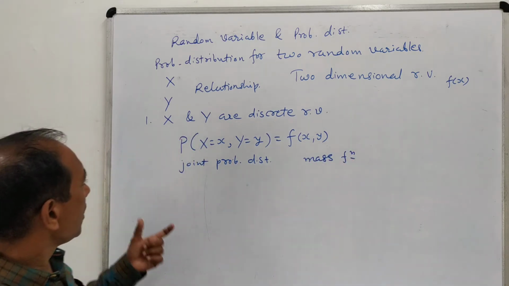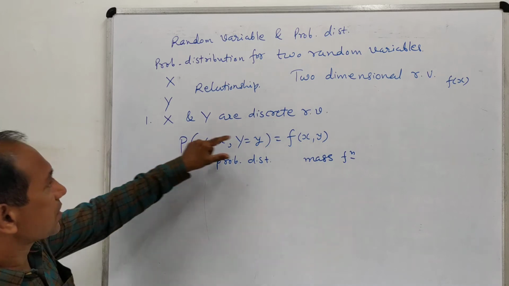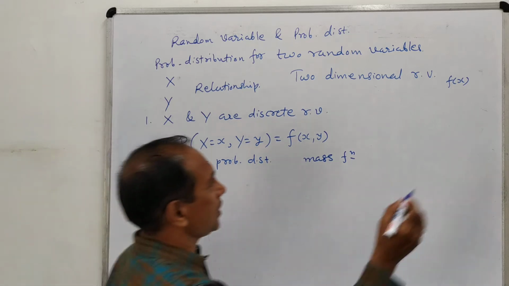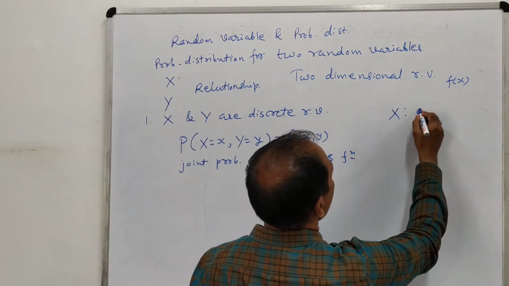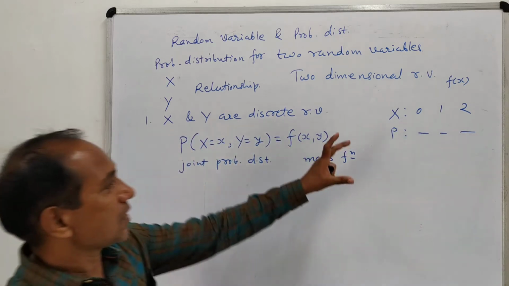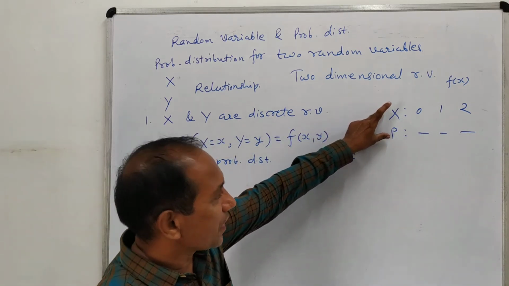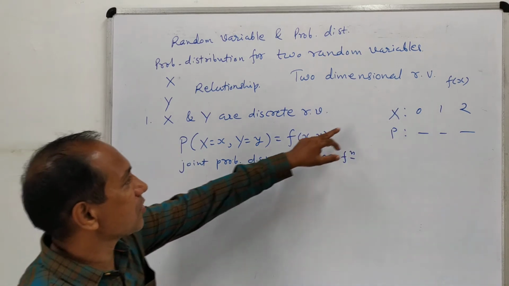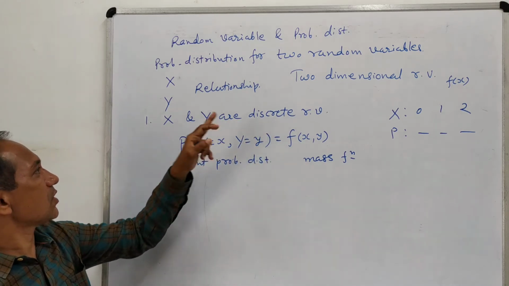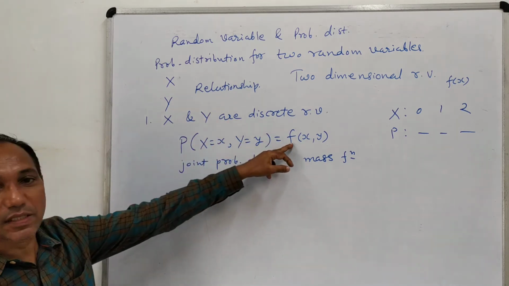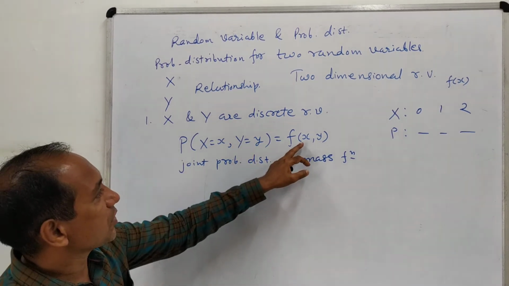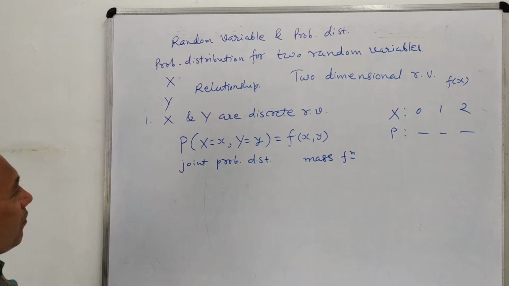Okay, and we will have this kind of probabilities for all different values of x and y, because in the last lecture we have considered one example of tossing 2 coins and then we have derived their probabilities. This we were calling a probability distribution based on a single variable, but here we have to obtain the probability distribution based on two discrete random variables, and that's why we can find out all possible probabilities for different values of x and y.